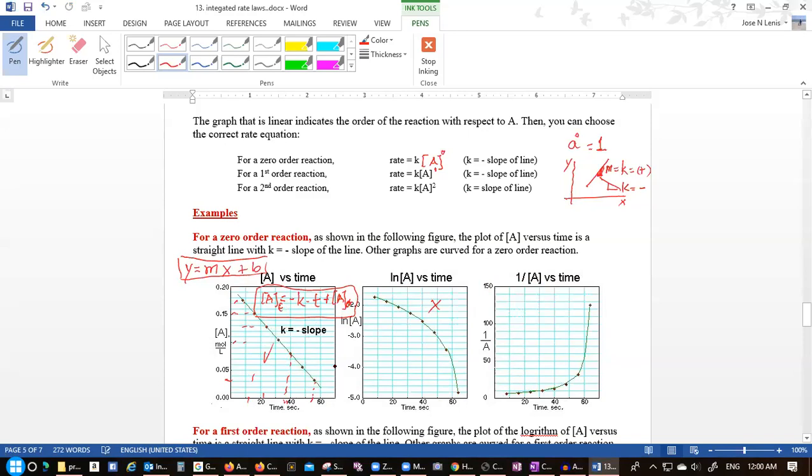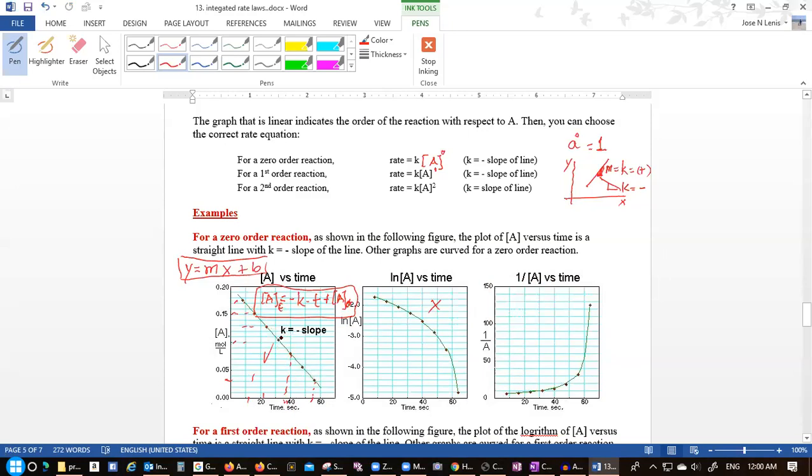So every time you plug concentration of A against time, that will show a first order reaction. That means you run that reaction, A plus B to form products. That particular reaction, you get the numbers, you plug in, you do three graphs, and the graph that gives you the straight line.